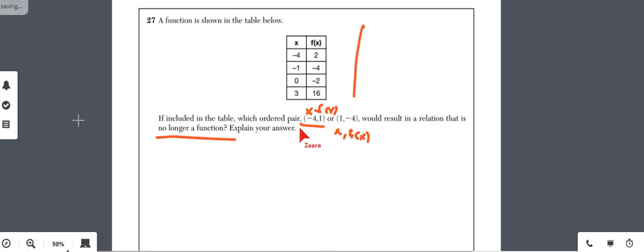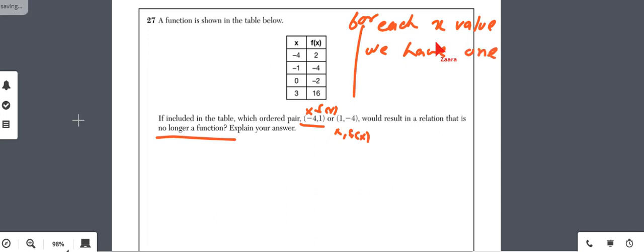A relation is called a function if for each x value we have one and only one y value, or f of x value, or output. Then we will say f is a function.